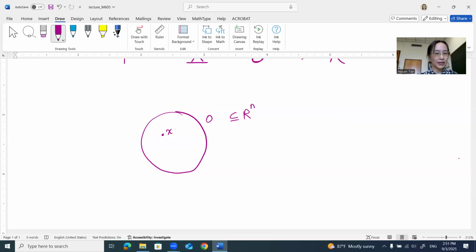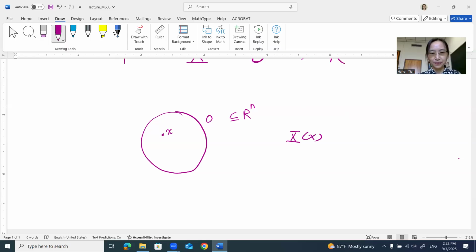But for this vector, once you apply the capital X, so that after the map, then you will have a new vector. That means the image of the map will be a vector, again, in Rn.